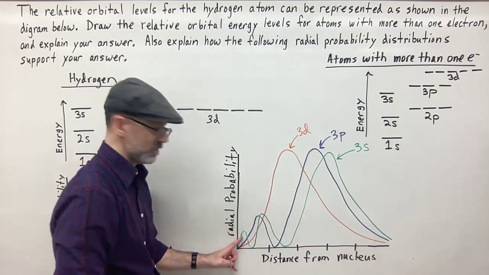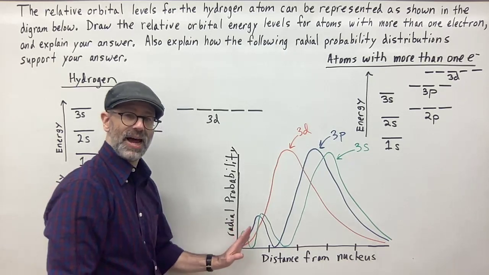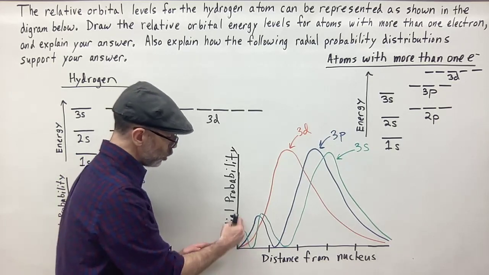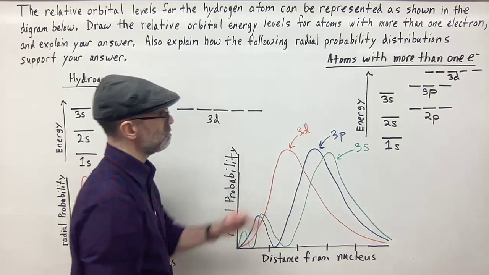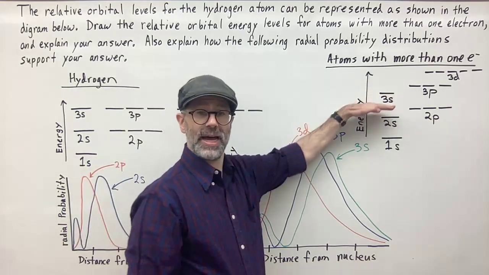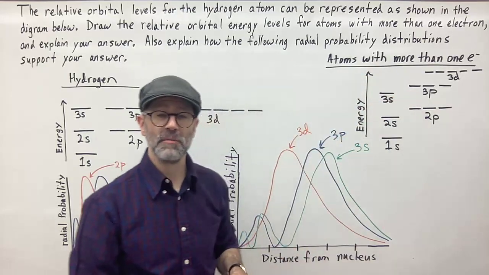So because you have that little peak here, it has a higher probability closer to the nucleus than the 3p, and therefore the 3s has a lower energy than the 3p.